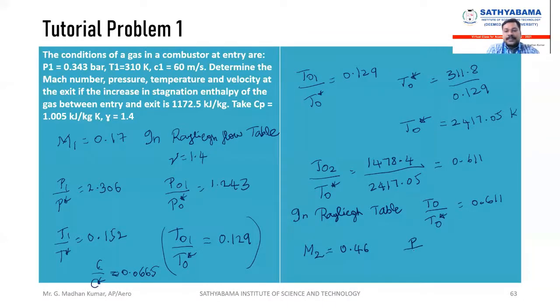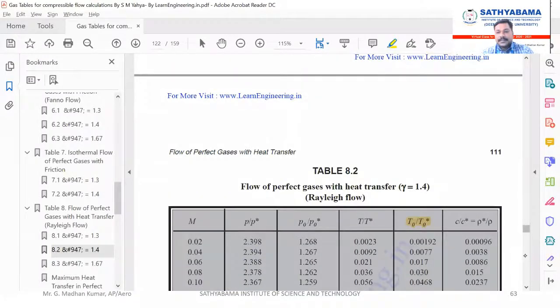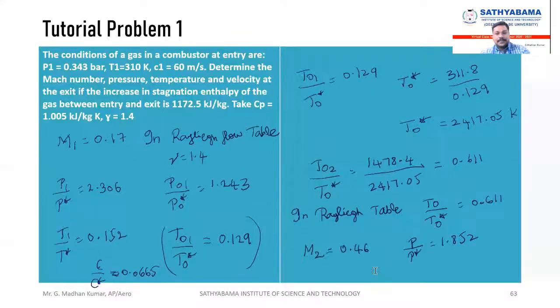So your P by P star is 1.852, right? And what is your T by T star? It was 0.725. T by T star is 0.725, right?